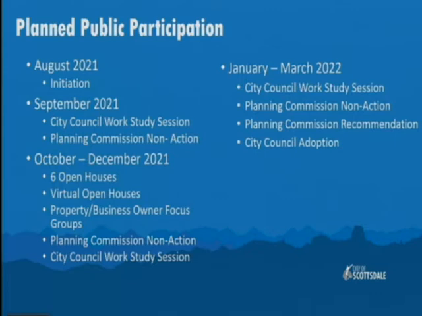That would include 6 open houses, several sets of virtual open houses, and some focus groups with our property owners and business owners in the downtown. The results of that would be additional time with the Planning Commission, again in more of a work study session, and City Council as well.